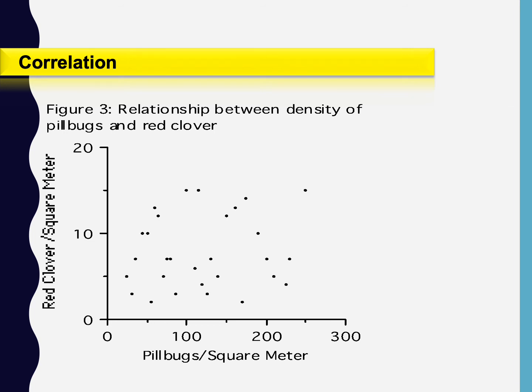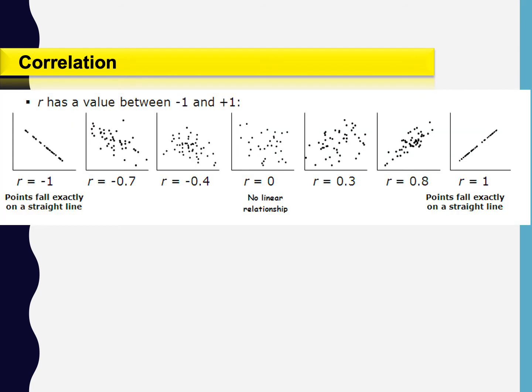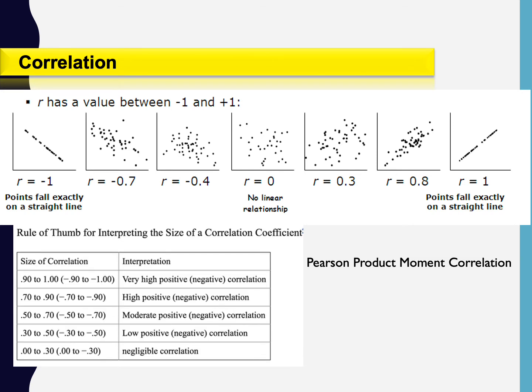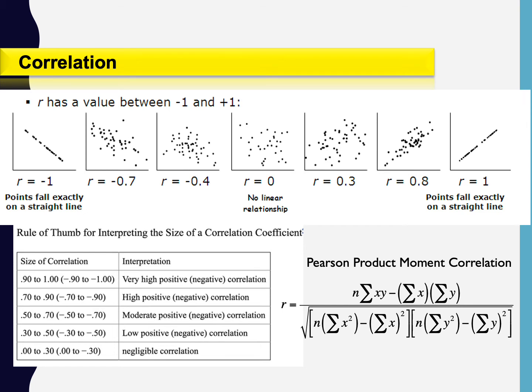However, we can actually identify the correlation. To determine if two variables have a linear relationship, we have to solve for R, or the Pearson correlation. The Pearson product moment correlation can be solved using this formula.